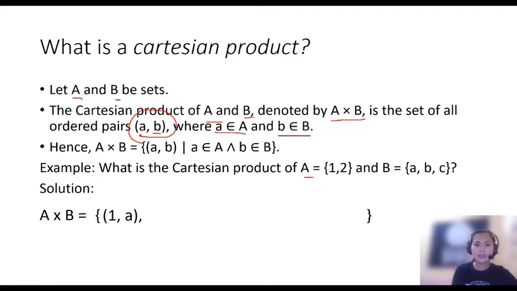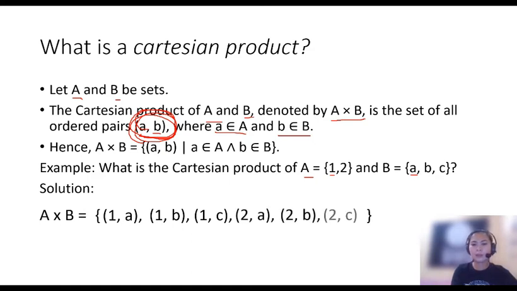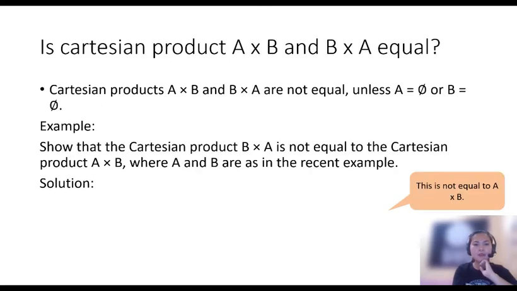Element 1 is from set A, and element a is from set B. That's the first combination. As you can see, it forms this expression. Next we have 1b, and then 1c. After that we have 2a, 2b, and 2c. That's how you show the Cartesian product of two sets.